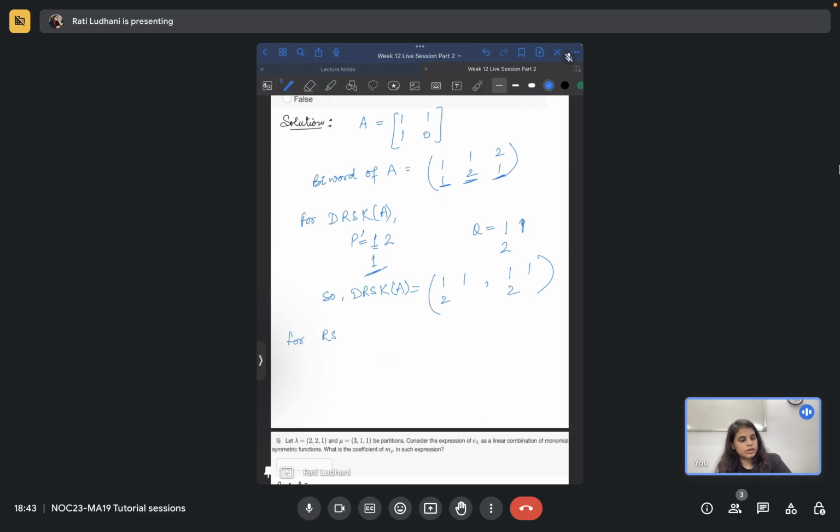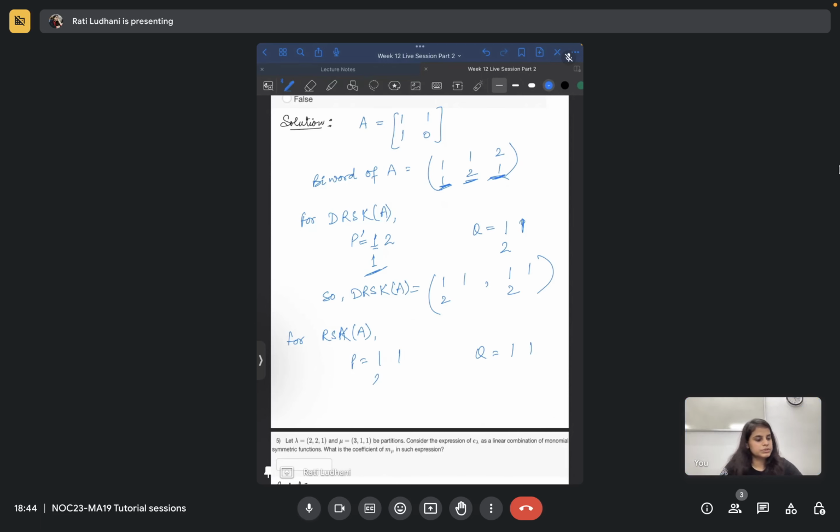And for RSK of A, P and Q we need to find. So again, first 1 1. The first 1 is fine, and then we'll insert 2. When we insert 2, it will go in the first row itself. That is 1 2. And now when we insert 1, 2 will be bumped out because we look for the bigger number, not the one which is equal.